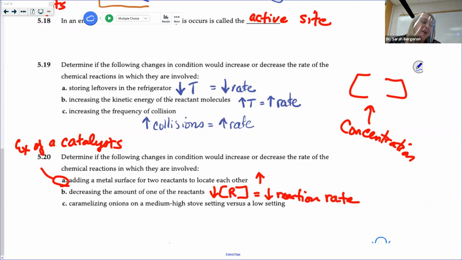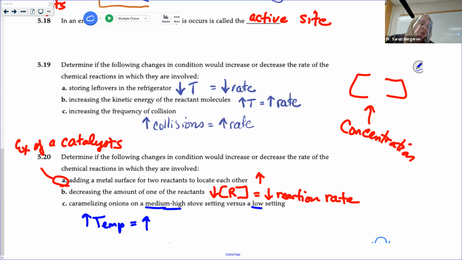Okay, C, caramelizing onions on a medium-high stove setting versus a low setting. What did you just do? I increased temperature. I went from a low setting to a medium high setting. So do you see how my temperature went up? So if my temperature goes up, what's happening to those molecules?